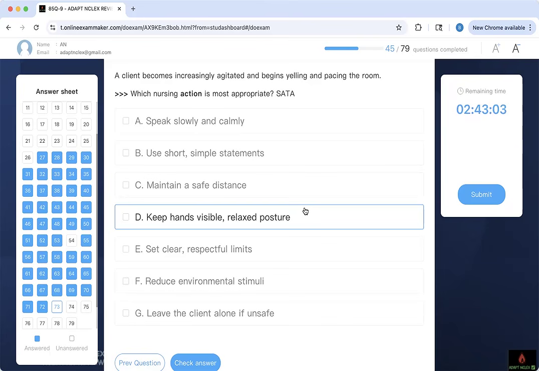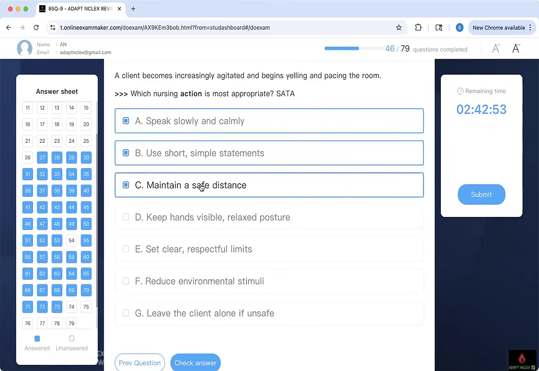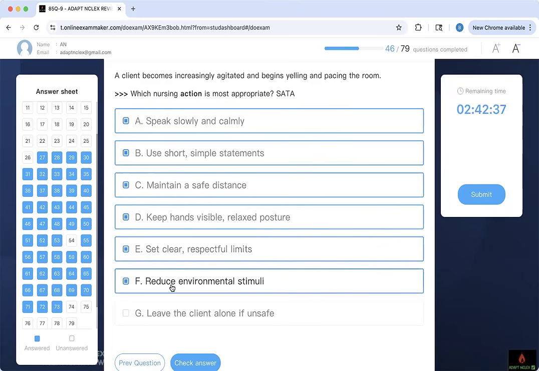The key is calm before you do anything. So speak slowly, use short sentences, maintain your distance, make sure they can see your hands, set a respectful limit, reduce stimuli that will agitate them.